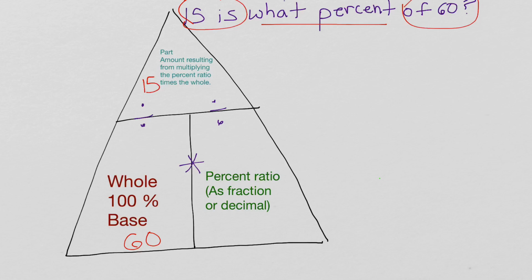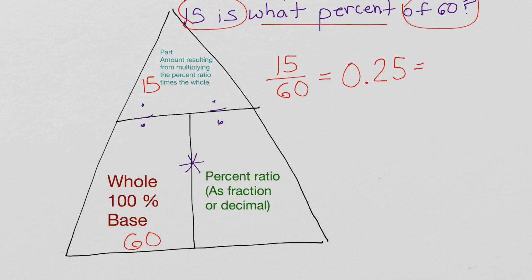So to find our percent ratio, we're going to do 15 divided by 60. So this is already the percent ratio as a fraction, but it's not over 100 yet. So we can find an equivalent fraction over 100, or we can divide in our calculator. 15 divided by 60 gives you 25 hundredths.